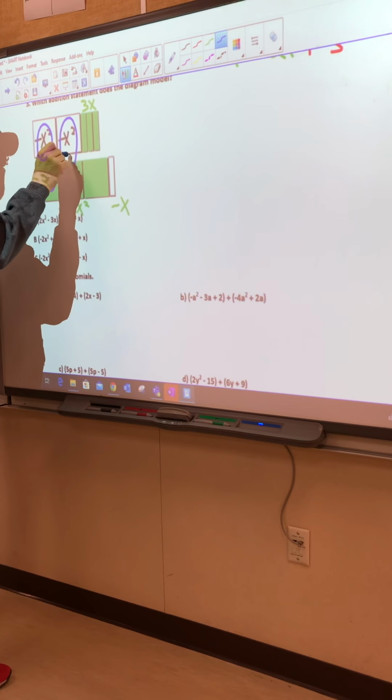And so we've got 2 left, right? So this is 2x. So we have x squared plus 2x. That's what I think it is.